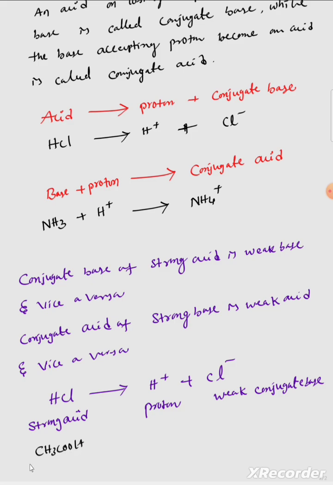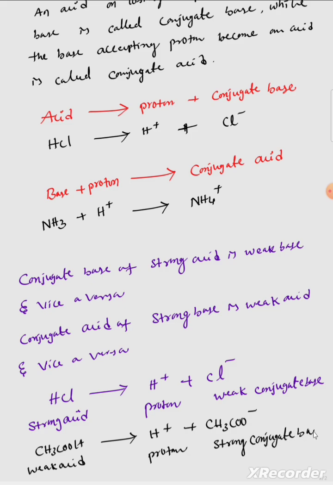One more example, for weak acid: CH3COOH donates a proton and becomes CH3COO minus. Here this weak acid releasing a proton becomes a strong conjugate base. These four points are important.